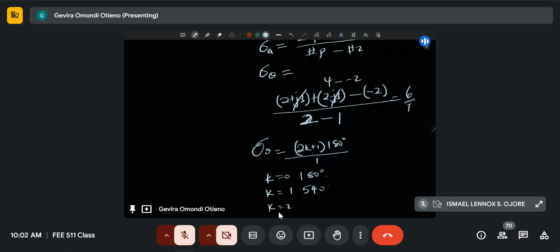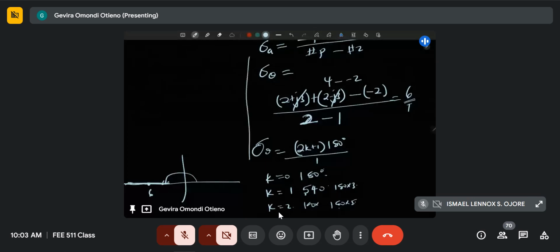So if the asymptote was at 6, 180 degrees is on the real axis, right? 540 degrees is still on the real axis. 180 by 5 times is still on the real axis. So clearly, even by a quick calculation of the intercept and the angles, you can see that it is confirming that the asymptotes are on the real axis. By virtue of this angle, you can see the angle is saying 180 degrees.